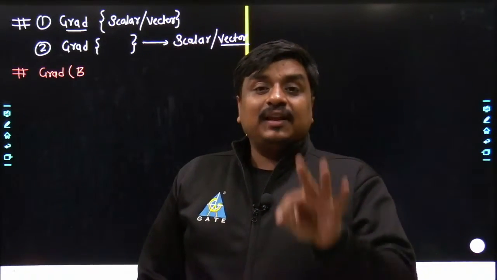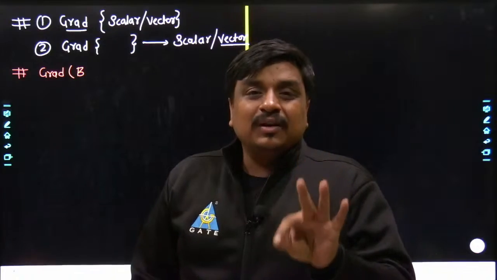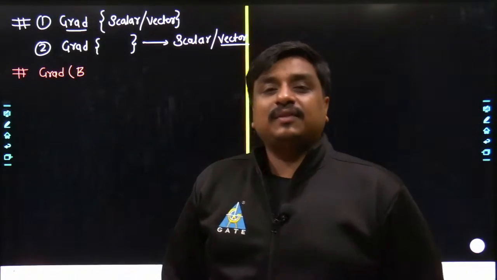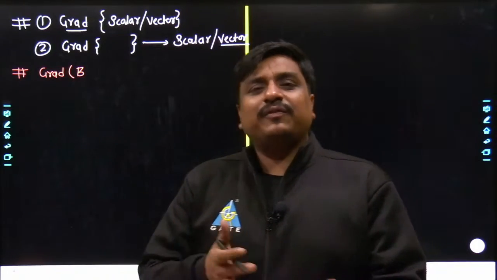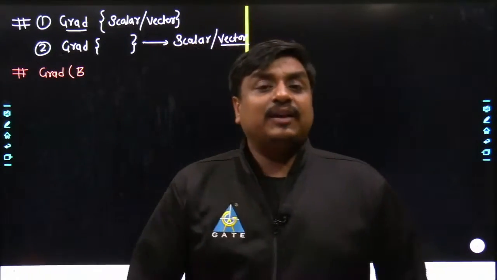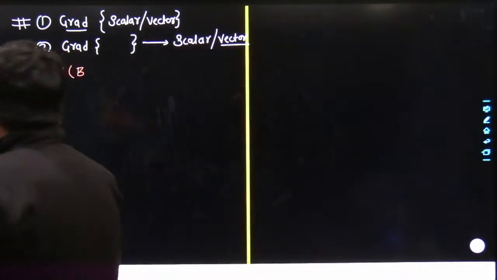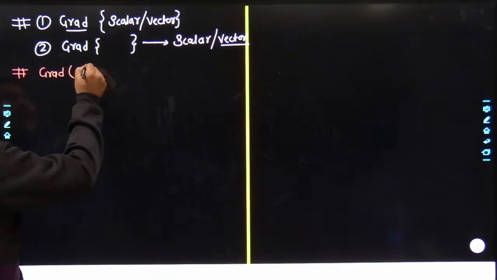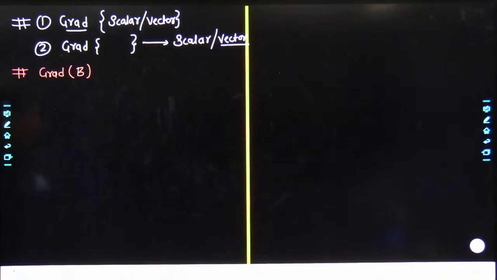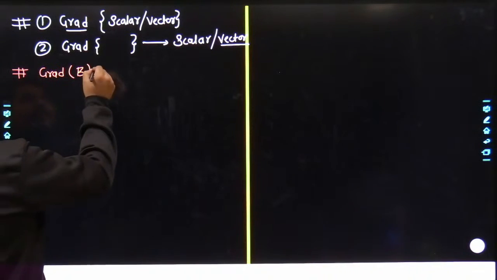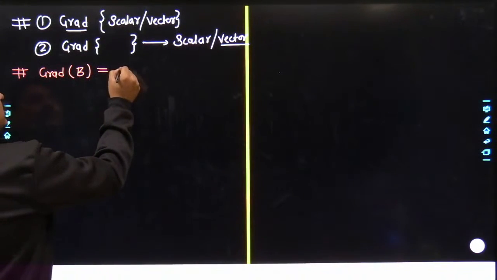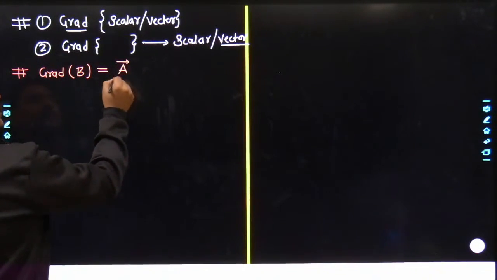If I say scalar field, that means it would be a scalar function, and similarly whenever I say vector field, it's going to be a vector function. What does that mean? It would be a function of x, y and z, and it would also have the direction. So now the gradient has to be applied over the B, and the vector has not been applied over the B. That means B is a scalar field. And the result which I am getting, for the time being, I may write this as a vector.